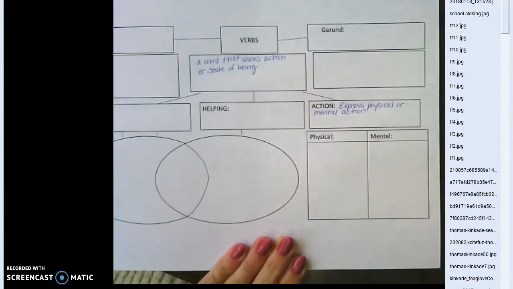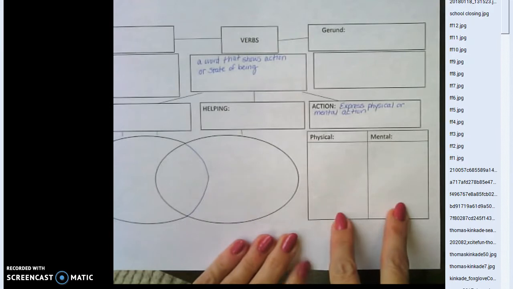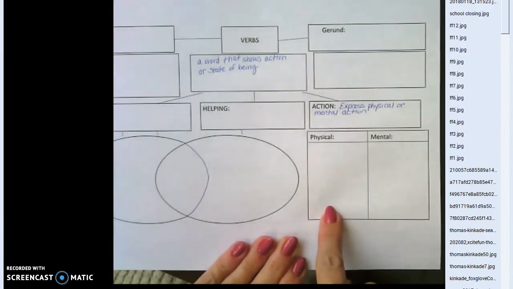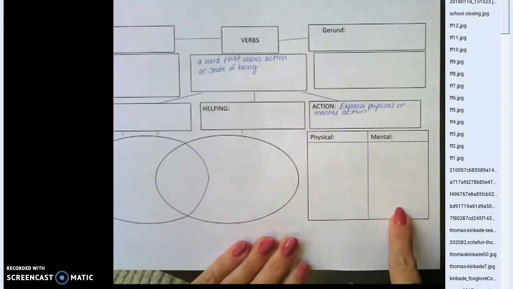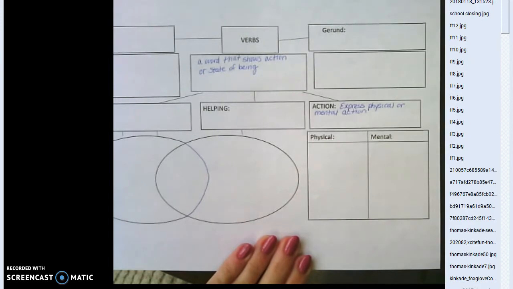Okay. Now there are two types of action verbs, physical, and that's actually what we can do physically, and then mental verbs, which actually take place in our brain, and we don't see them being done.